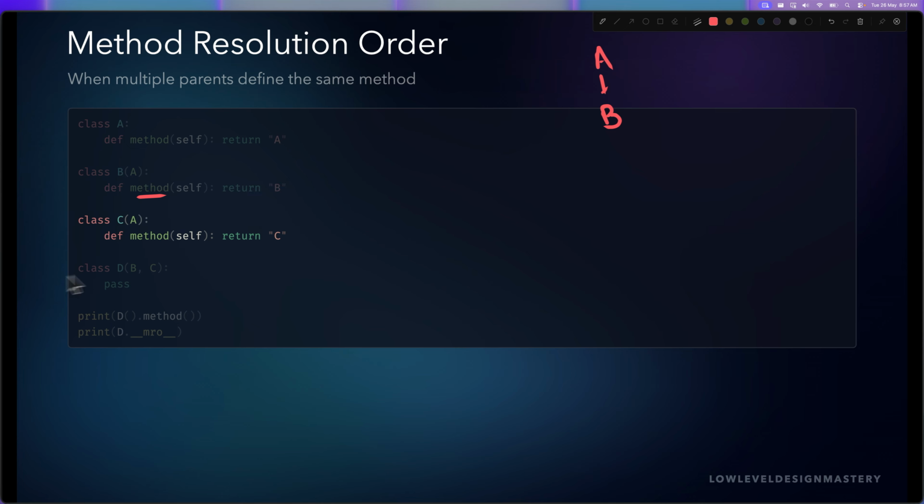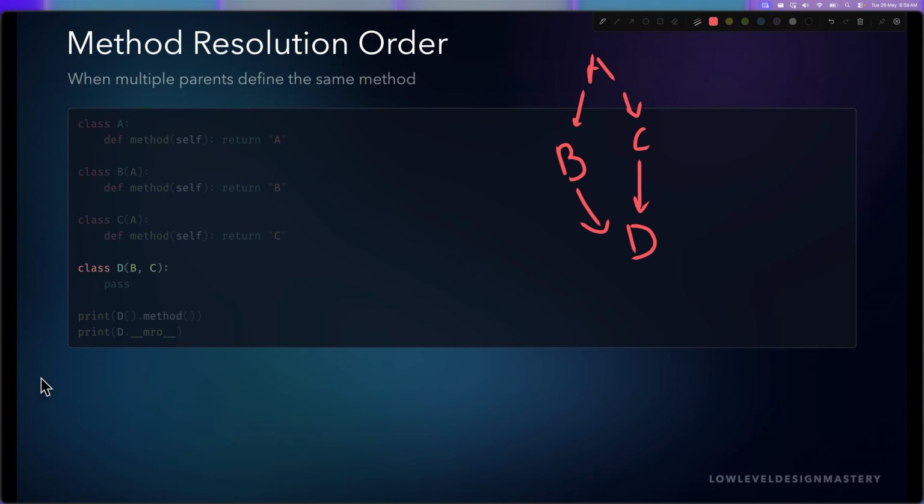And then class C, which also inherits from A, also has a method overriding the behavior that we defined on class A. So we have A, B, and C, right? And then we have class D, which is inheriting from both B and C, right?